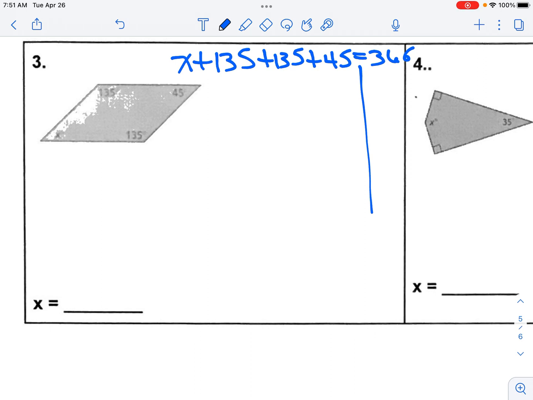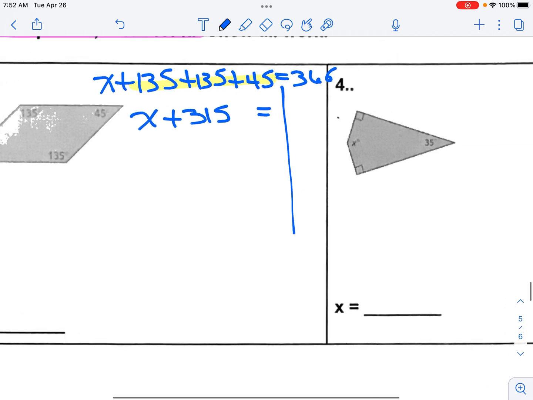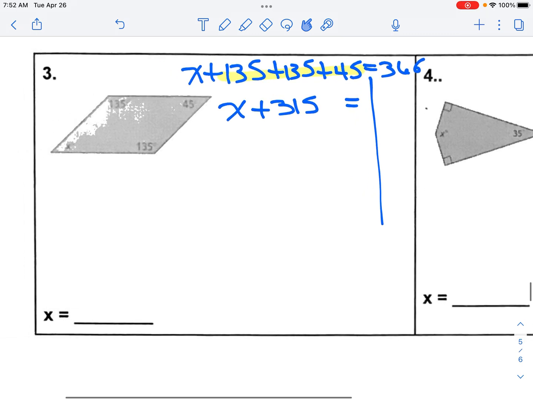Now remember, you can use your calculator on these, but you still have to show me what you're doing on the paper. So if I combine all of my like terms, I'm going to have x plus 315 equals 360.